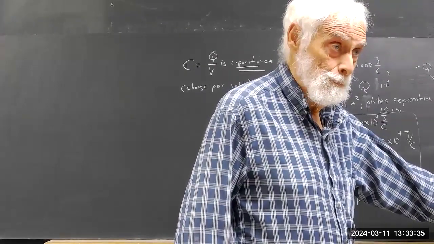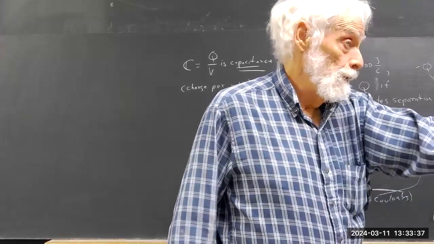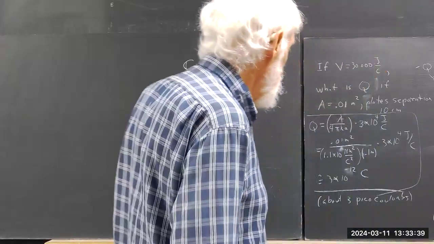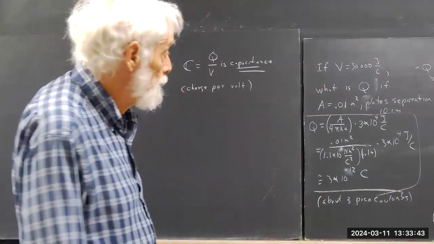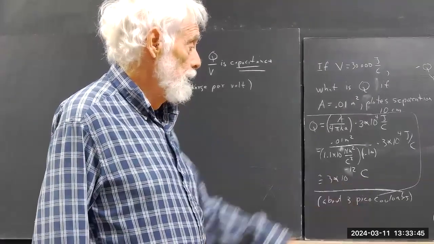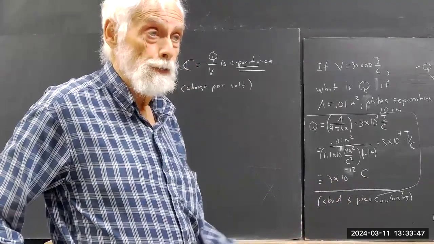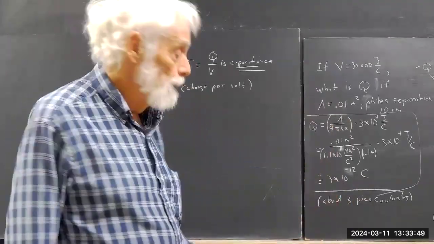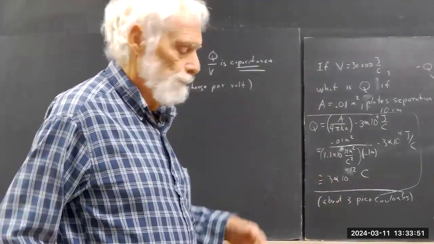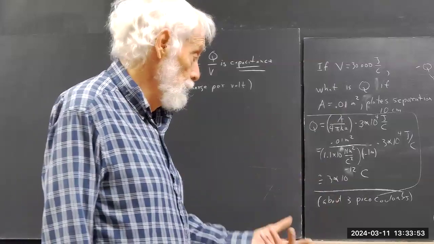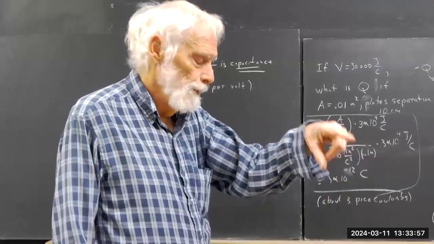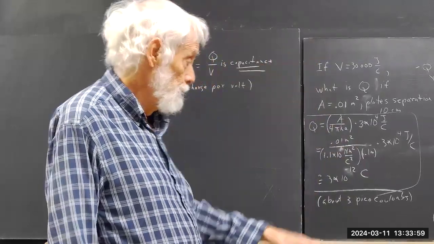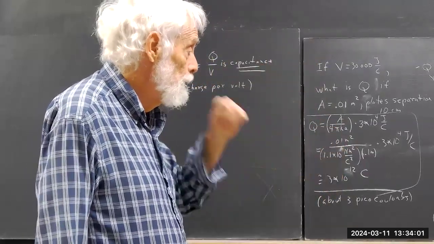Okay. Now, if we charge it with that thing, we're still, if we don't have any charge leakage, going to end up with this many coulombs, 3 trillionths of a coulomb. Now, actually, on this, it'll probably be 100 billionth, because the actual area of this capacitor is about 3 times as great.